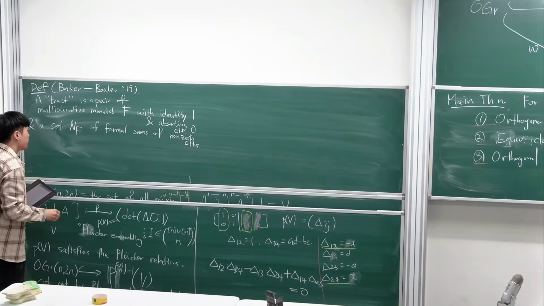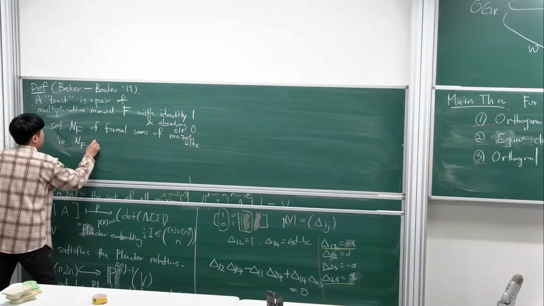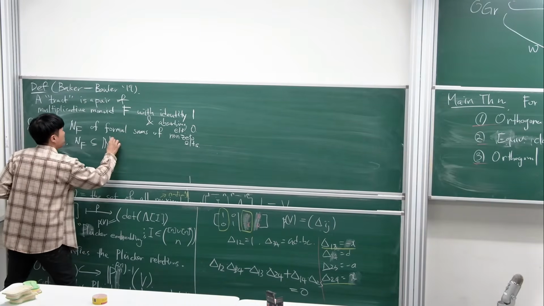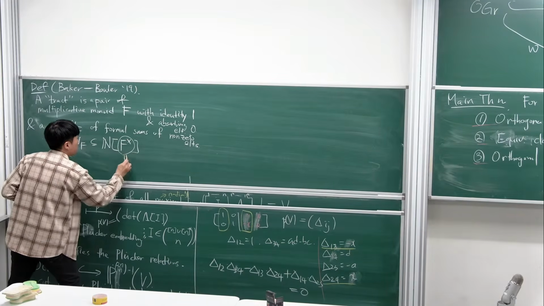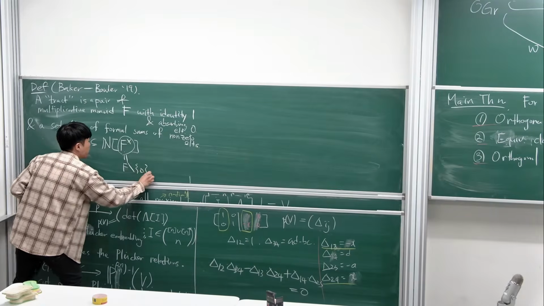Another way to understand it is that NF is a subset of the semi-ring generated by the non-zero elements. So here F^x denotes just F minus our unique absorbing element.